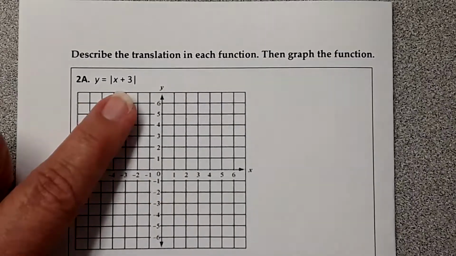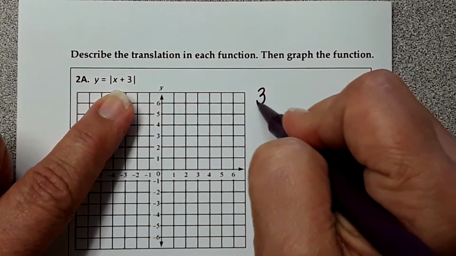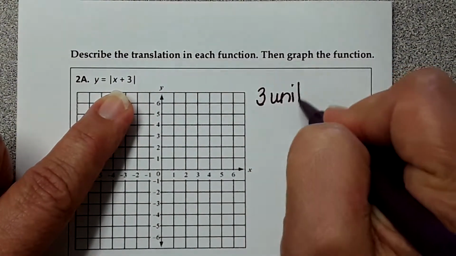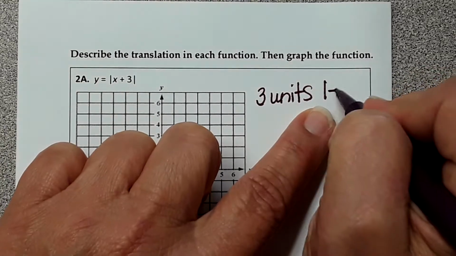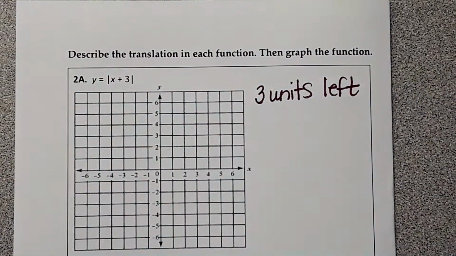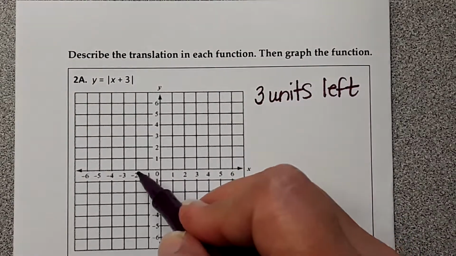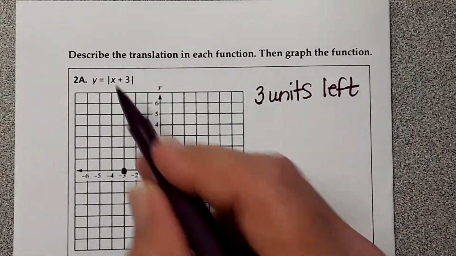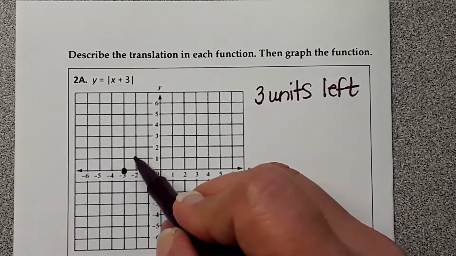So that means we're going to move 3 units left. So what that means, you guys, is we're moving the parent function 3 units to the left. So 1, 2, 3. The slope is 1, so we're going to go up 1 and over 1.